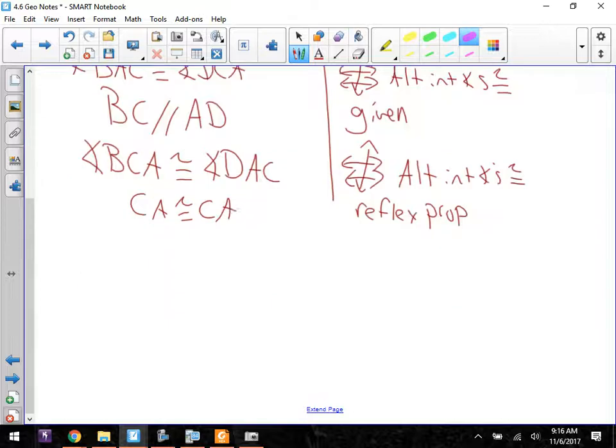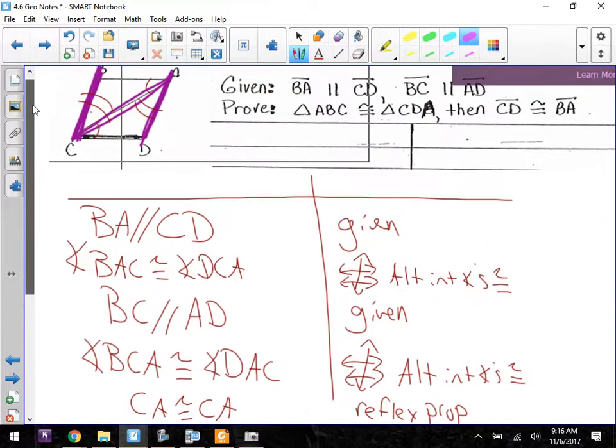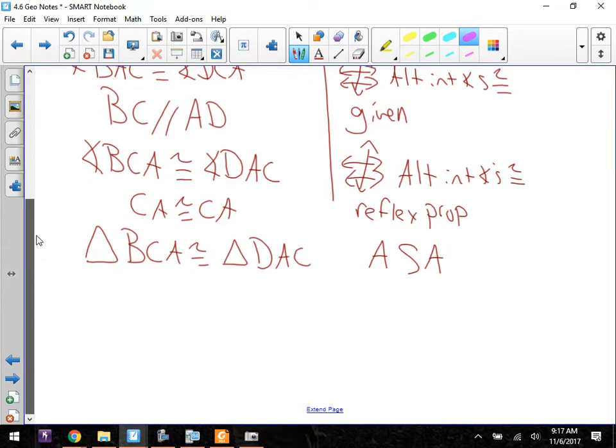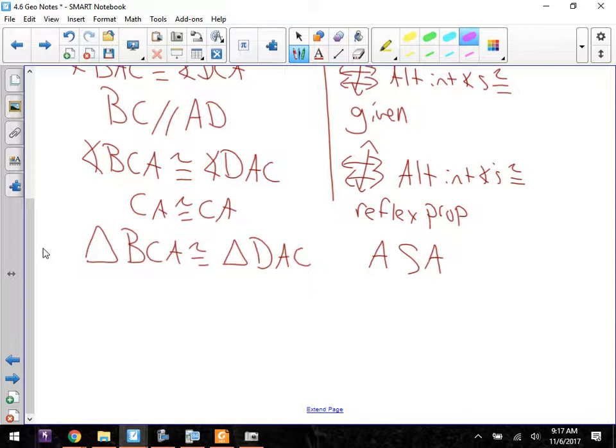And now you have triangles. There was angle, side, angle, if I'm not mistaken. But this wanted you to prove CD. So do we have enough information to say that CD is congruent to BA? And the reason?